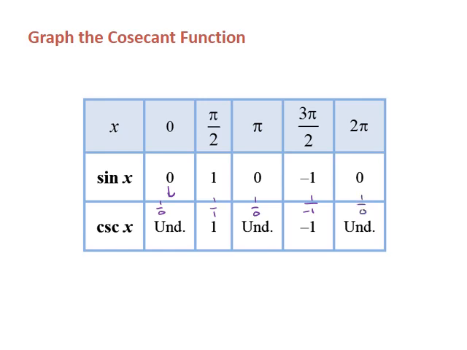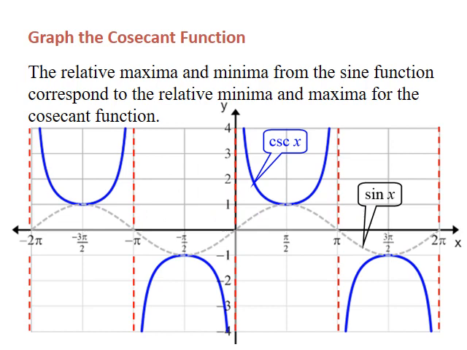If I were to plot these points, we would get something like this. Now this is important, and here's why. The first thing we're going to do is graph sine, because sine is the reciprocal of cosecant. So this dashed line here is the graph of sine of x.